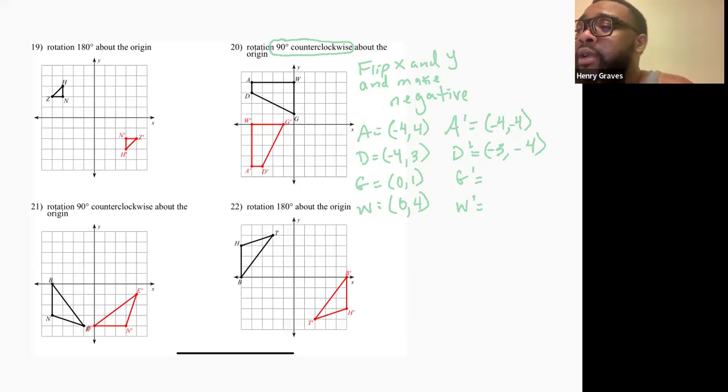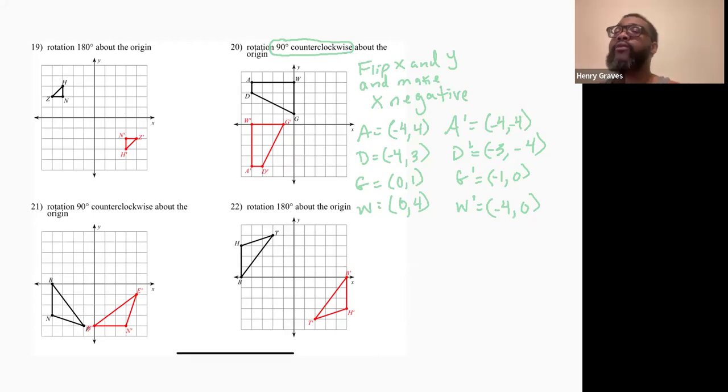Same thing for G. I'm going to flip it, so it's going to be 1, 0. I'm going to make that X negative, so it's going to be -1, 0. And W is going to be 4, 0, and I'm going to make it negative. There we go. And just like that, I have rotated it 90 degrees counterclockwise.